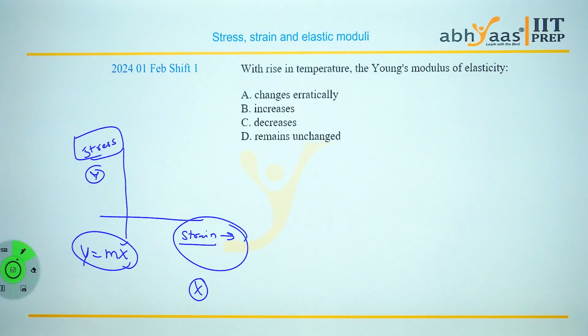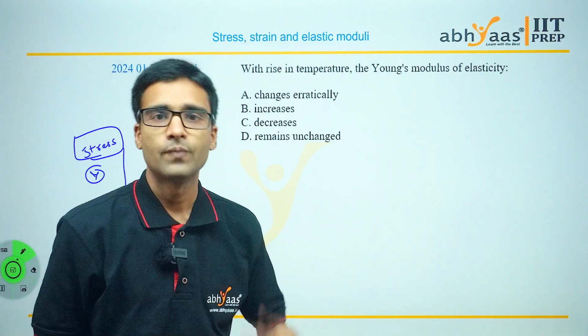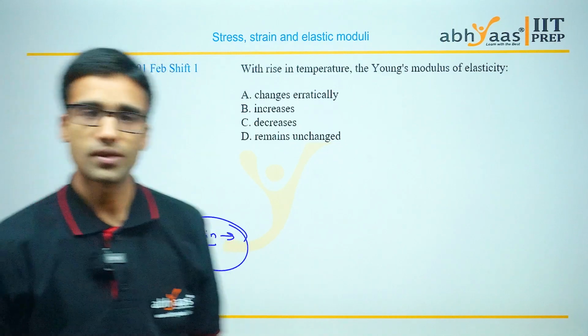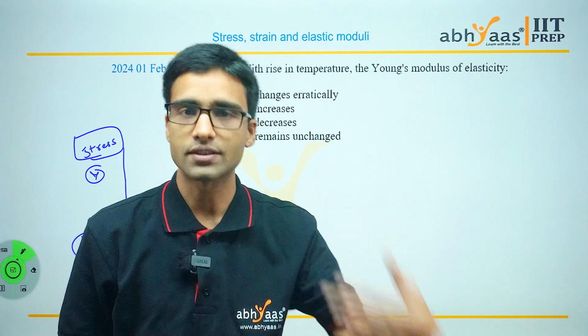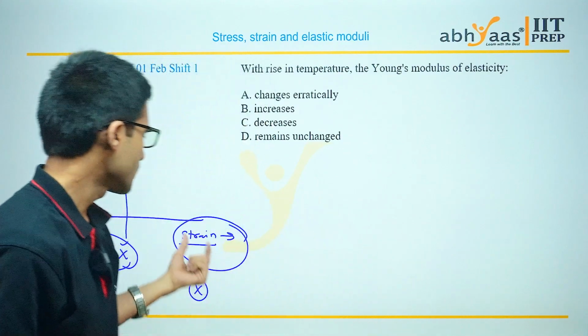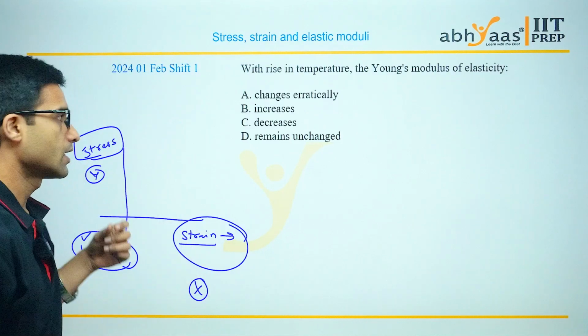If you keep the values of X only, then we are getting the values of Y. That means X is independent, it is not depending on the other variable. That's why X is the independent variable and Y is the dependent variable. Similarly, strain we are writing here, stress we are writing here.